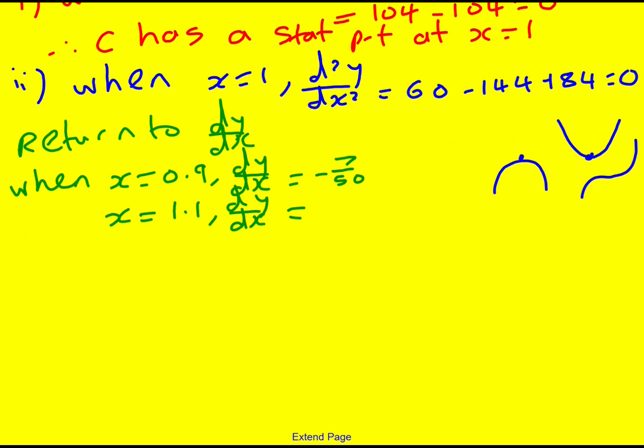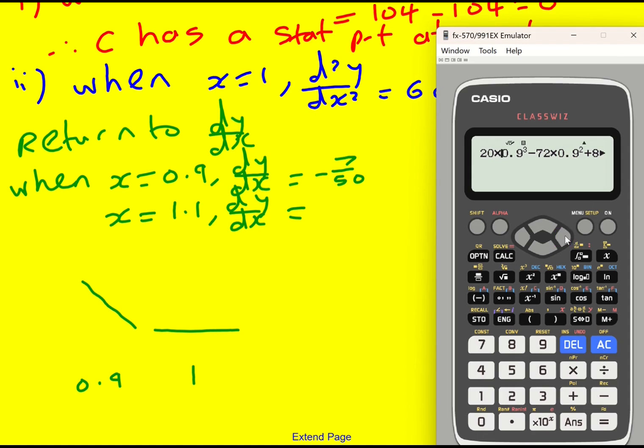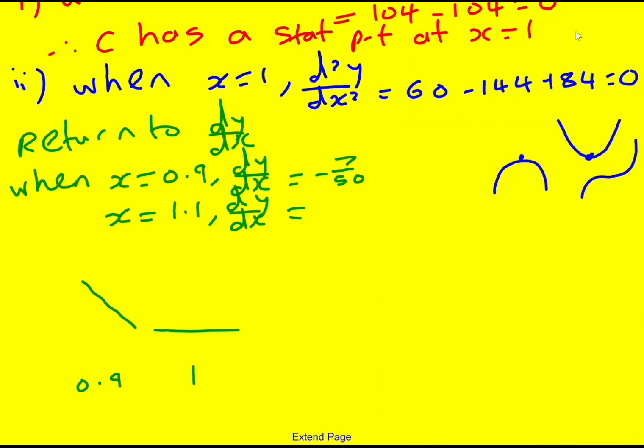So what we have at the moment, I'm just going to draw a little diagram, is we have a negative gradient at 0.9, and we have a 0 gradient at 1. So we want to get another negative now when we substitute 1.1 in. And we get minus 1 over 10.